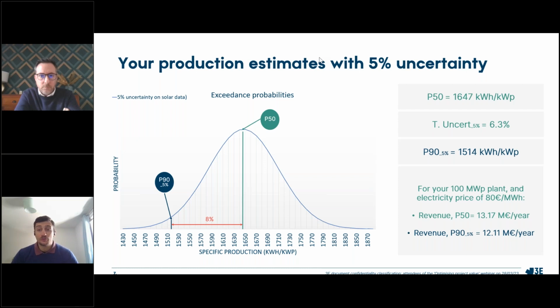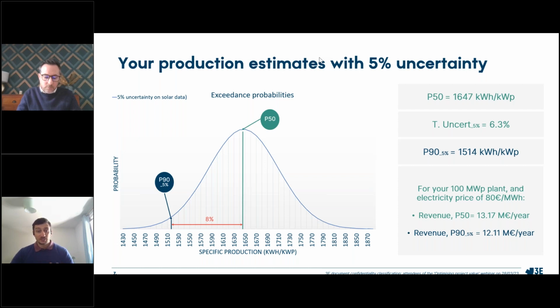If you convert that into revenue for our existing and current business case of 100 megawatts and 80 euro per megawatt hour, what does it mean in terms of revenue? It's a quick calculation, but your P50 is about 13 million euro per year, and your P90 5%, called 5% because it's done with the 5% irradiation data uncertainty, is at 12.11 million euro per year.